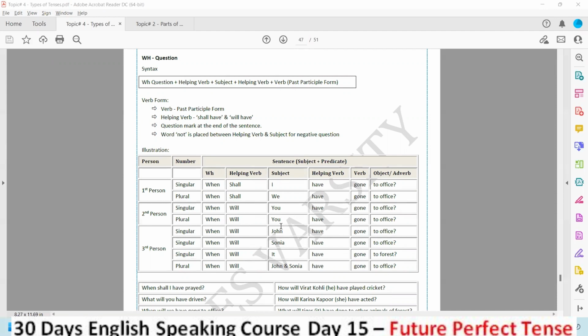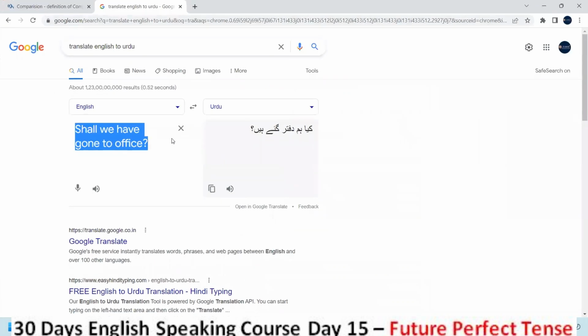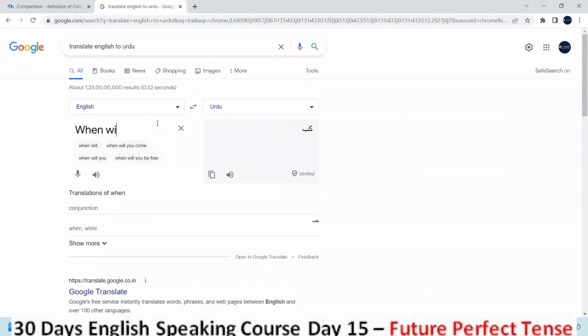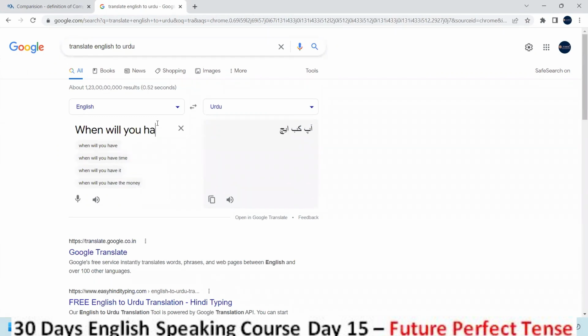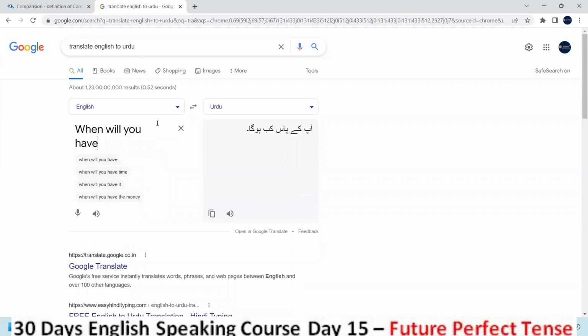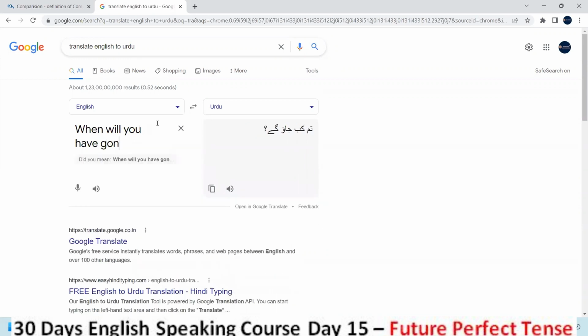So when will John have gone to office means John office कब गया होगा? So let's translate. First the WH word, when, the first helping verb, then subject, when will you, then the second helping verb, have, then the third form of the verb.